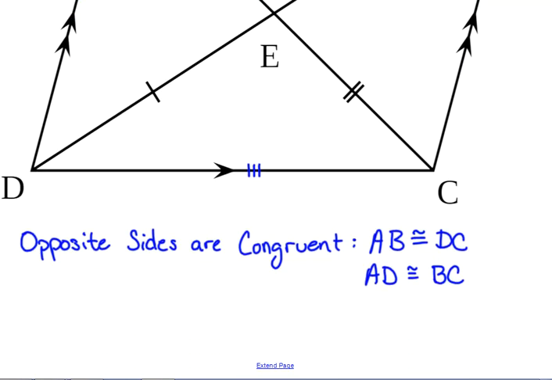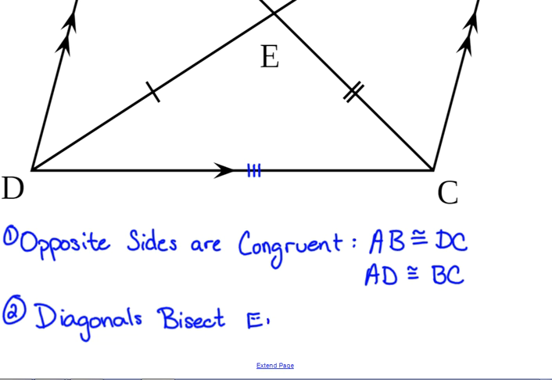They have been bisected. Okay, so here's another property. Diagonals bisect one another. Okay, diagonals bisect each other.